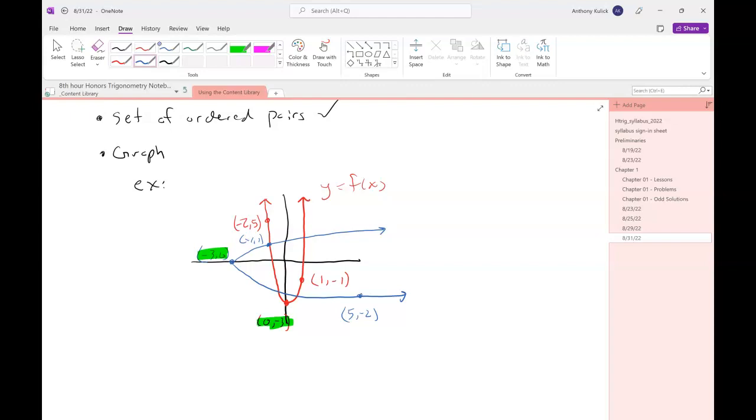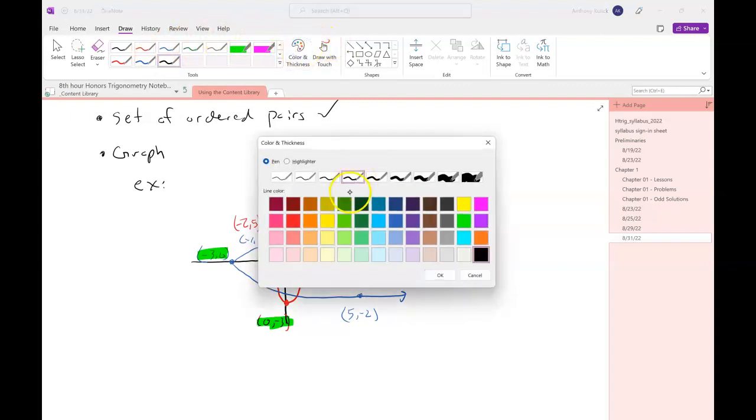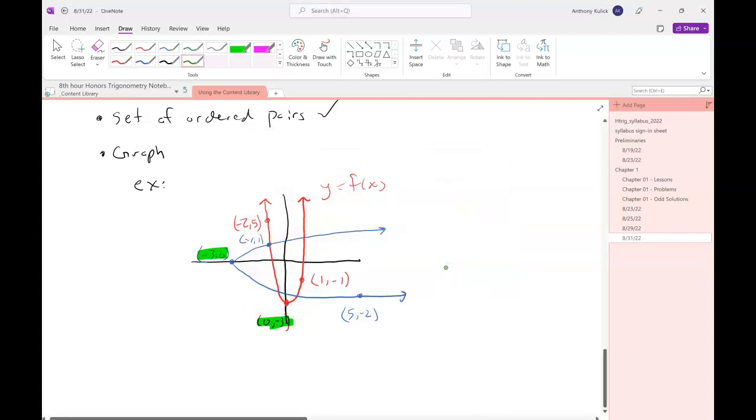Is everybody okay there? Did you notice anything about the symmetry going on here? I didn't do a great job when I drew this.